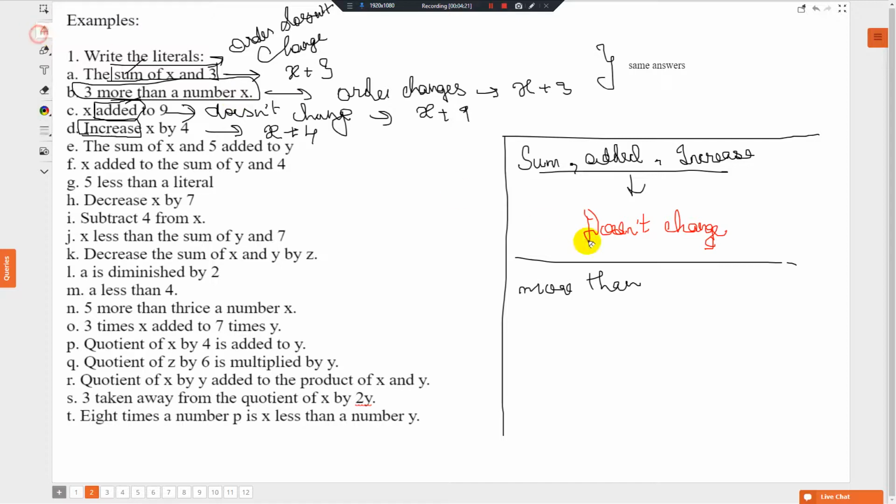Here, the word more than is the one which changes the order. So remember this, and you will of course get full marks in these questions.